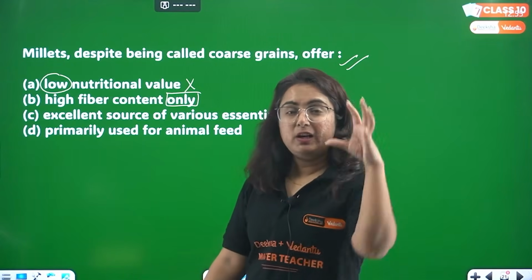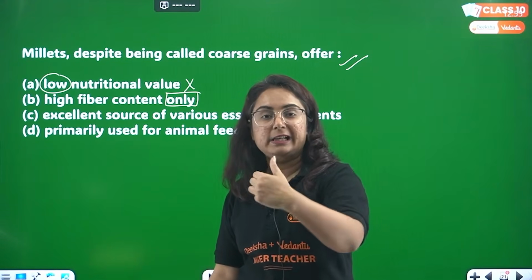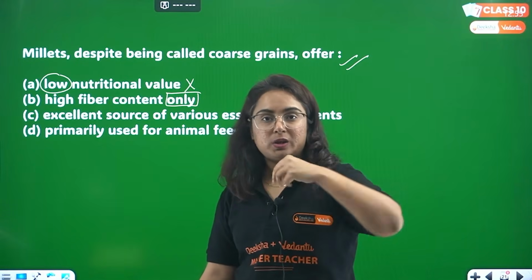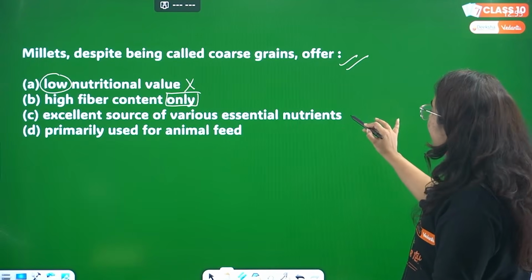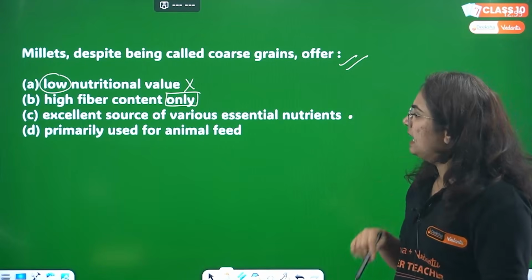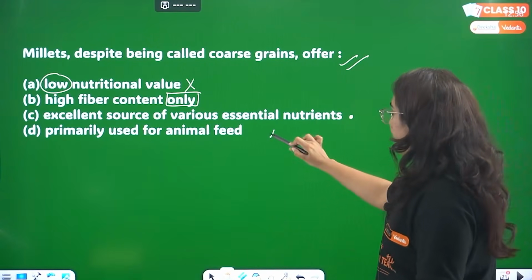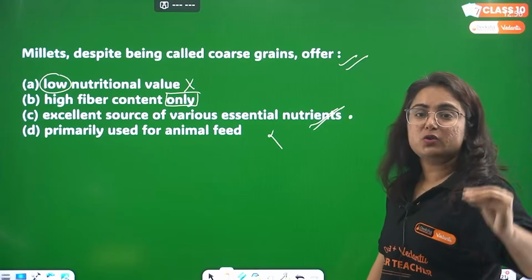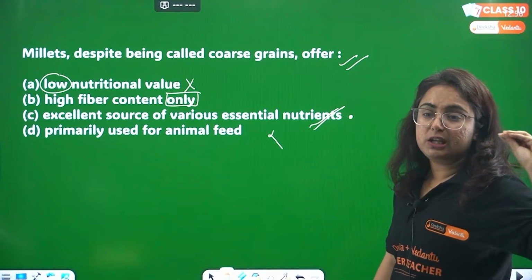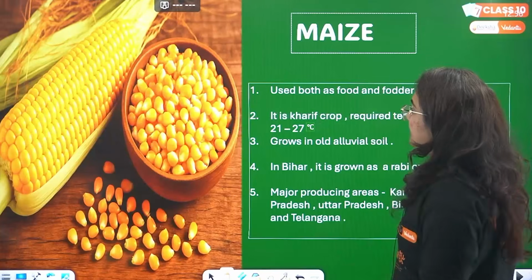In MCQs, always focus upon these additional keywords: only, all, total, etc. Excellent source of various essential nutrients. It seems to be correct. Primarily used for animal feeds. No. So yes, C is the correct option: excellent source of various essential nutrients.